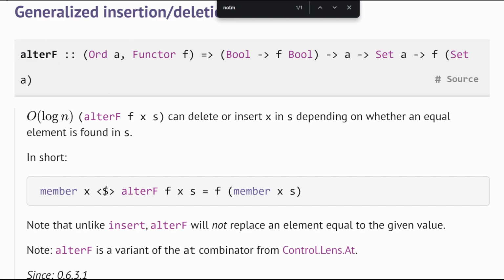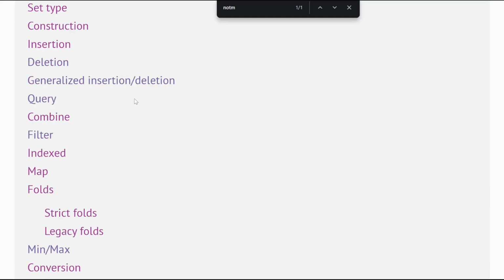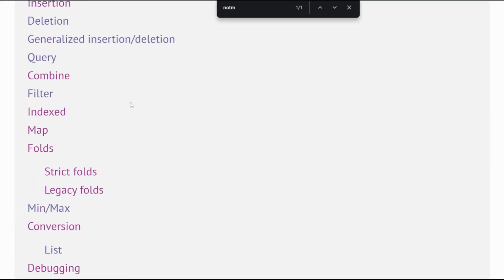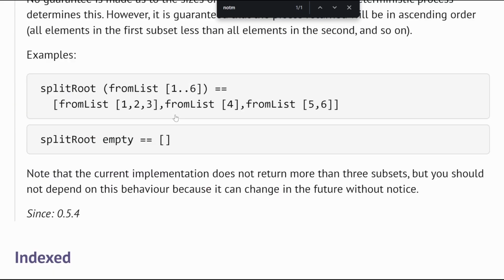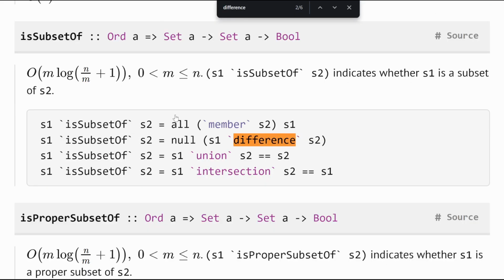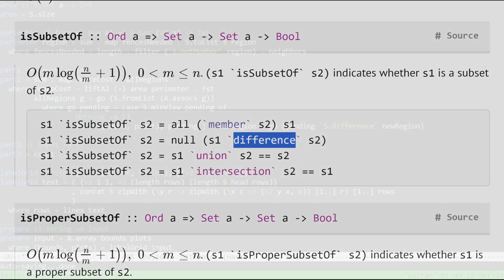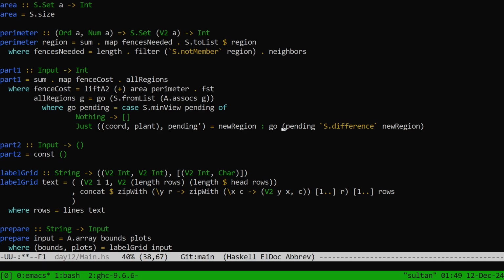It's really cool if you have an excuse to, but we don't have one today. I don't think I want to fold. Yeah, I guess I do just want difference. Okay, that's fine. So compute a new region, and then difference that from the pending set, and then recur, but add the new region to the list of results.